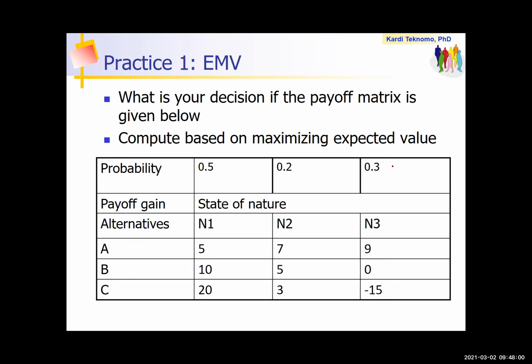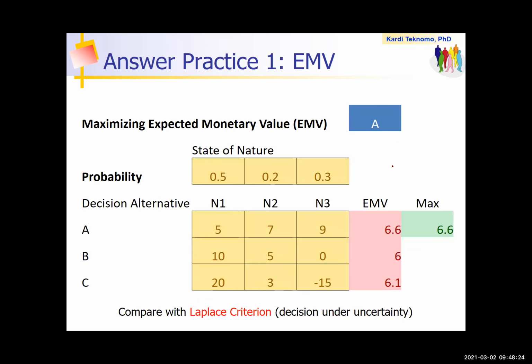It's not 1/3, but you know that state of nature N1 is larger than N2 and N3 is larger than N2, and you assign 0.5, 0.2, 0.3. The sum of probabilities must be 1.